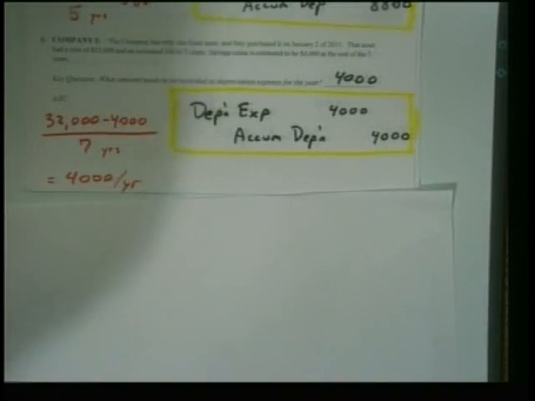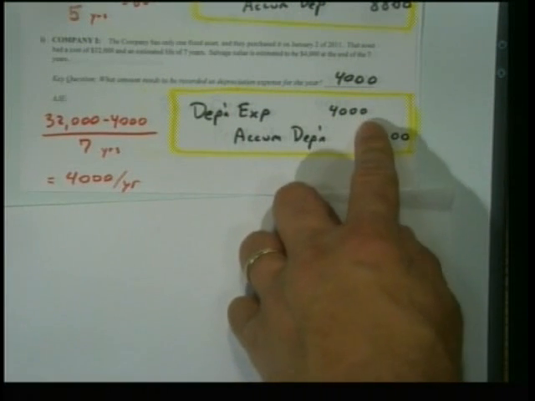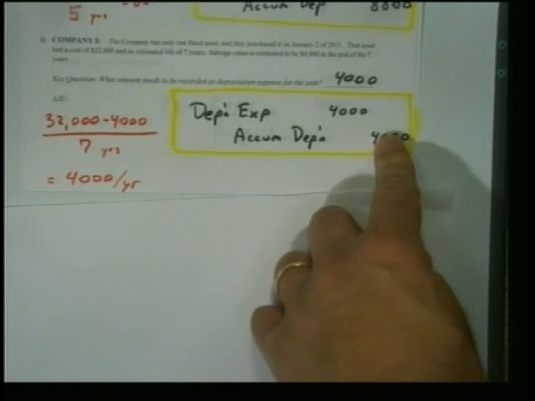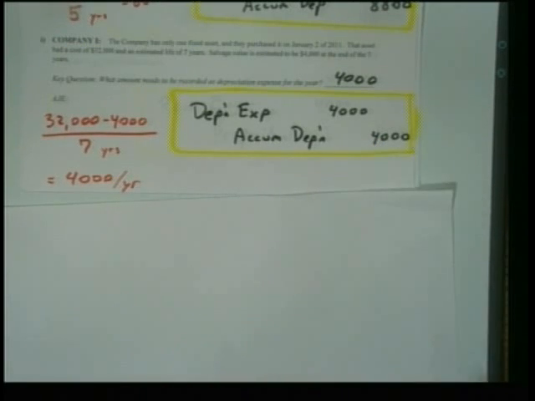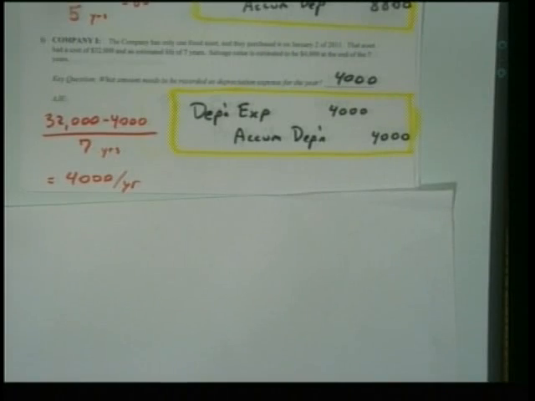Now, let me ask you a question. On that last AJE, let's go back to it. Go back to the Elmo if you would. This is the journal entry we made at December 31st of 2011, right? Are we saying thus the market value has declined by $4,000 in that first year? No, we are not.